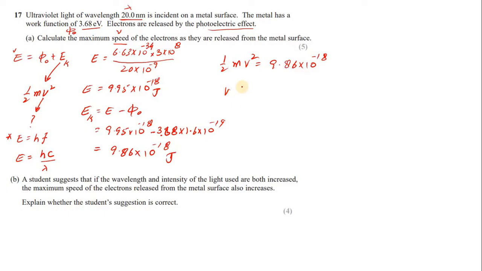So v would be equal to the square root of twice 9.86 times 10 to the power minus 18 divided by the mass, and the mass of the electron given in the formula sheet is 9.11 times 10 to the power minus 31. Once you solve that, the velocity of the electron will be 4.53 meter second minus 1.